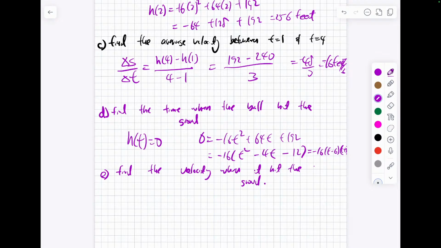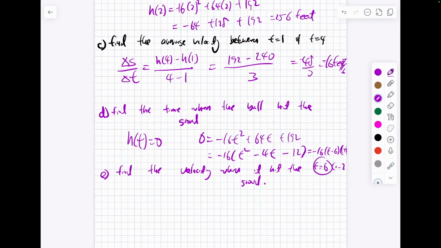Does that make sense? T equal to 6, t equal to negative 2. So 6 is how long it takes to hit the ground. Negative 2 doesn't count because you cannot get a negative time. So you get a positive time, t equal to 6.